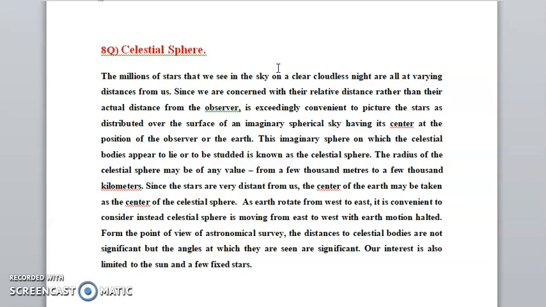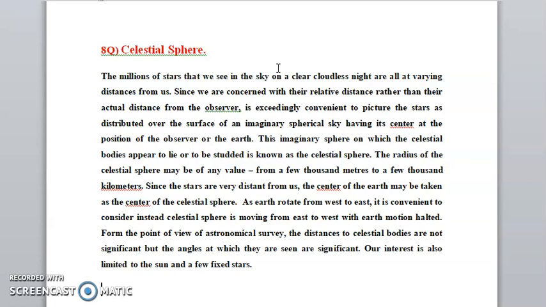It is convenient to consider the celestial sphere moving from east to west with the earth's motion halted. From the point of view of astronomical survey, the distances of the celestial bodies are not significant, but the angles at which they are seen are significant. Our interest is also limited to the sun and a few fixed stars.